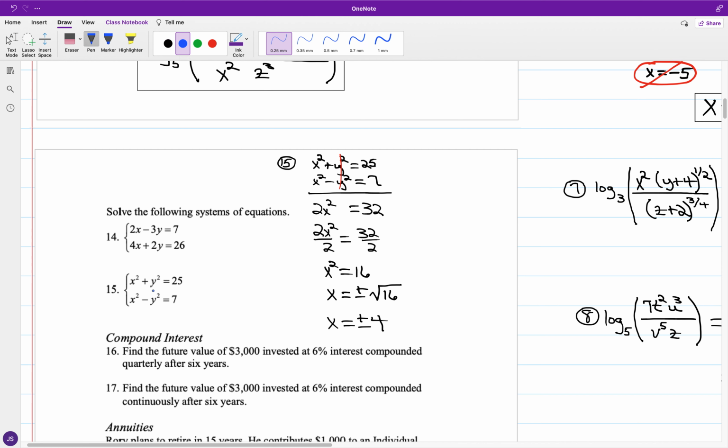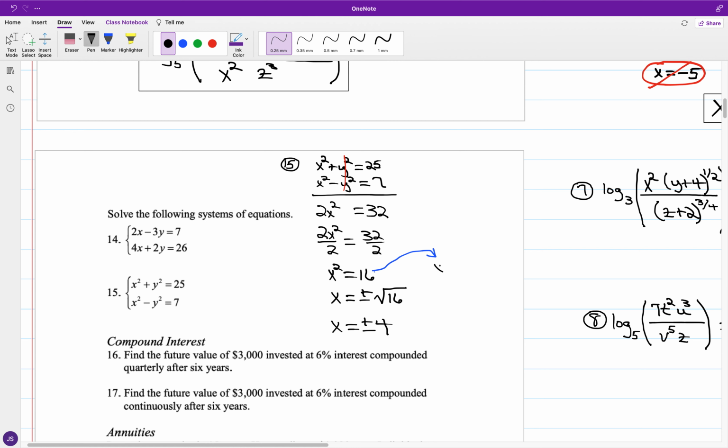And now with this system, I have the equations expressed not in x and y, but x squared and y squared. And in terms of solving for y, I can keep 16 for x squared and plug into either of these two equations. I'll just plug into the first equation. So plug in 16 for x squared.